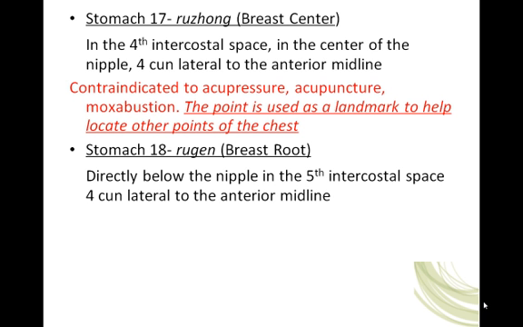We go into the 5th intercostal space, and then the channel moves 2 sun medially and continues its journey down the anterior portion of the body through the abdomen, 2 sun lateral to the midline and not 4 sun lateral to the midline. So we come to stomach 19, and then right down along that line, 2 sun lateral to the midline, until we get to the inguinal region.